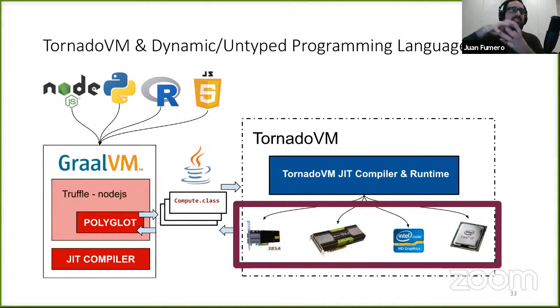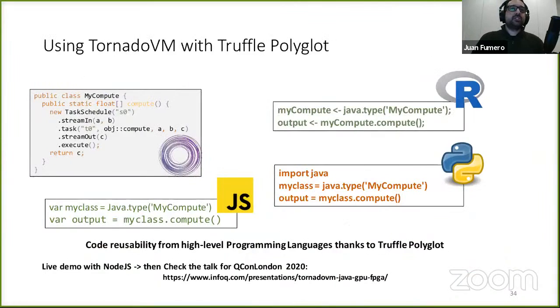So basically it's a common AST across languages. And the code you write in Tornado is Java, okay? Because those languages are implemented in Java, it's easy to communicate from that language to TornadoVM, meaning that you might have a Python program for machine learning or deep learning, and you can call Tornado for running on the GPU or on the FPGA.